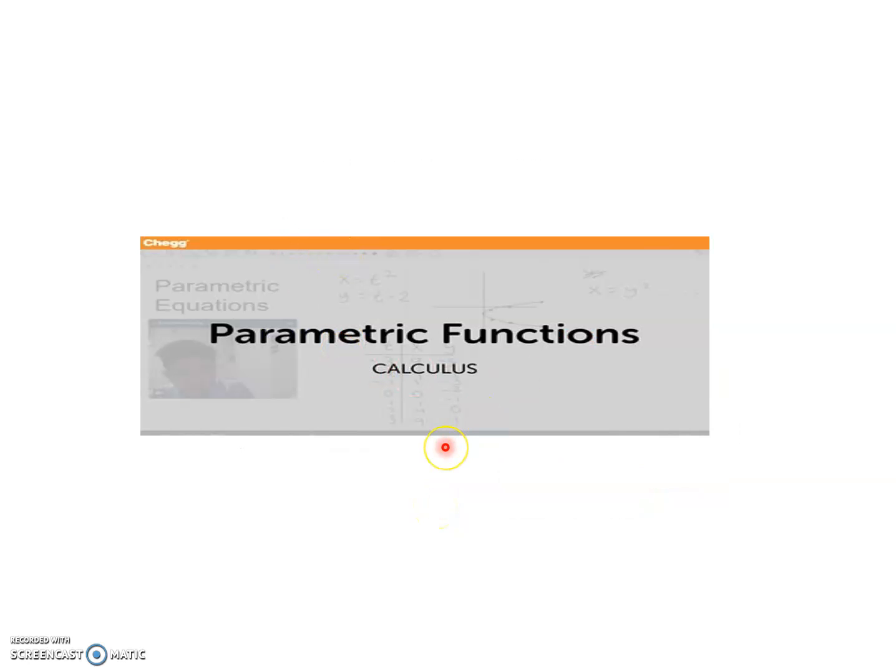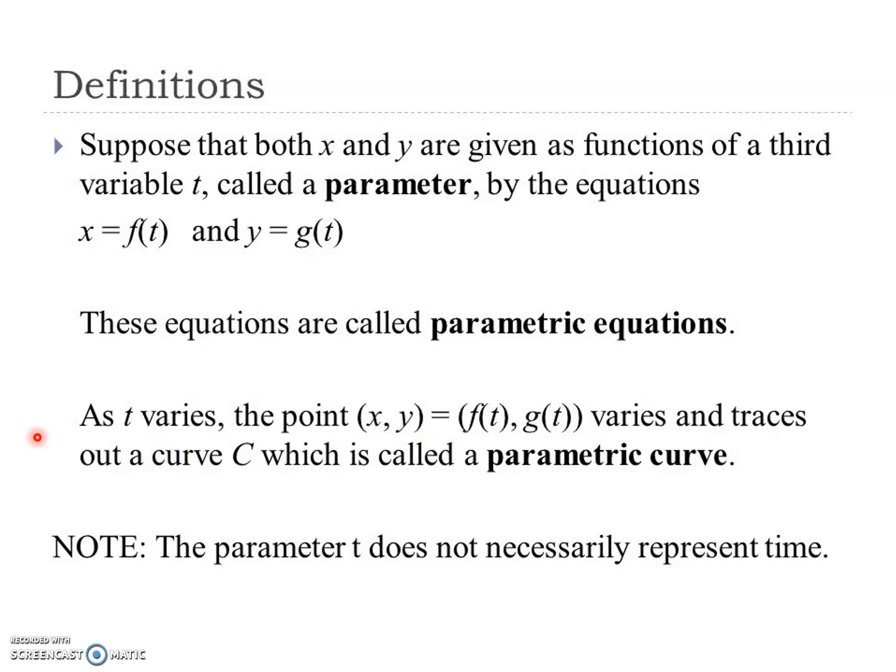Very important, parametric function. Definition. Suppose that both x and y are given as functions of a third variable t, called a parameter, by the equations x is equal to f of t, y is equal to g of t. These equations are called parametric equations, and as t varies the point (x, y), that is (f of t, g of t), varies and traces out a curve C which is called a parametric curve.